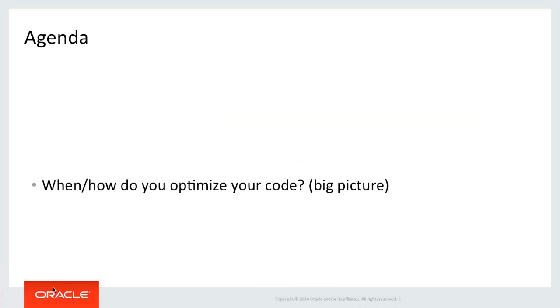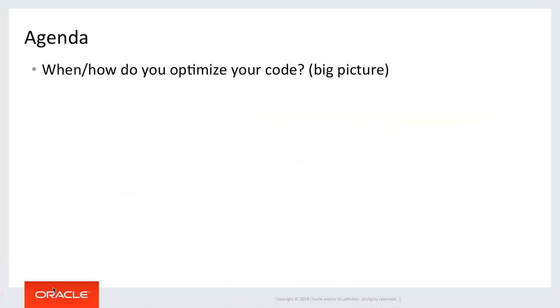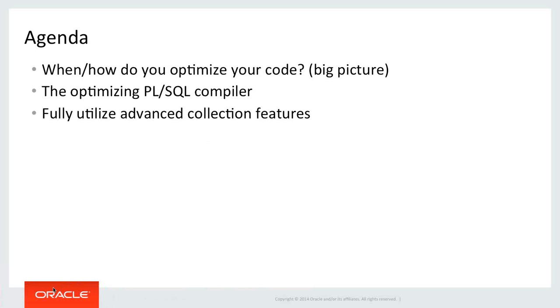So the agenda for today. First of all, when and how do you optimize your code? I want to take a step back, look at the big picture to make sure that you're correctly picking the right time and approach to optimization. We'll take a look at the optimizing PL SQL compiler. Let's let Oracle do all the work for you that we can get them to do. We'll take a look at some advanced collection features, array structures in PL SQL, and how you might put them to use.